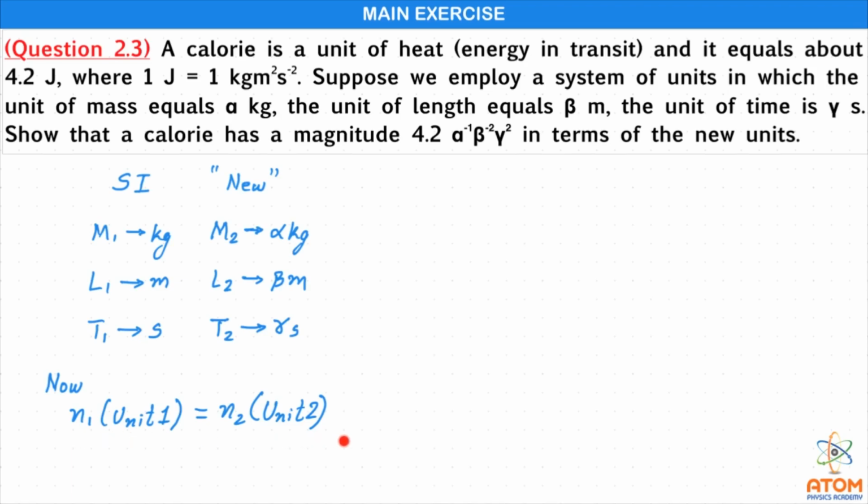Remember, this can be applicable only for one physical quantity, but units of two unit system. For example, the SI unit of energy or heat is, we know, joule, and the CGS unit of heat or energy is erg. So by this equation we can find out the relation between joule and erg. But here we have to find out relation between joule and this new unit system.